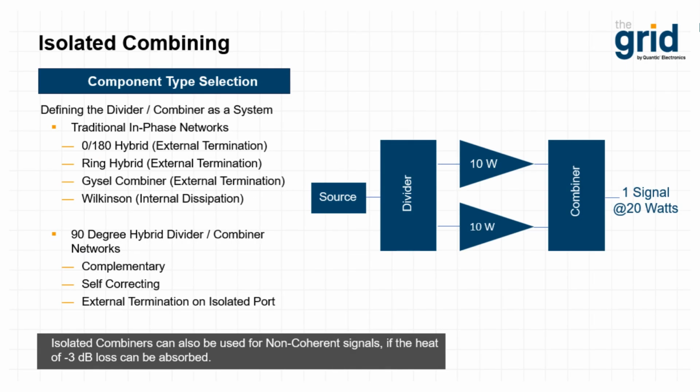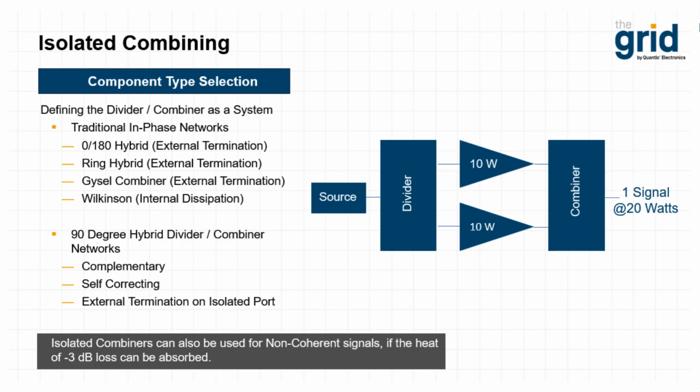Right now, looking back at the isolated power combining, there are several ways that we can go ahead and design a combining network. A big consideration of designing these sorts of devices really has to do with how we are going to get the heat out of the combining network for any differential energy that happens to go in there.